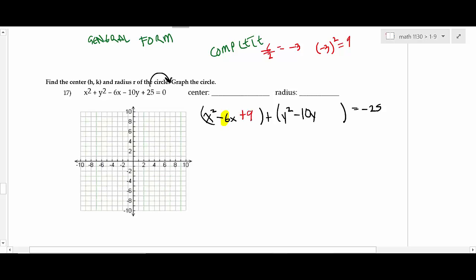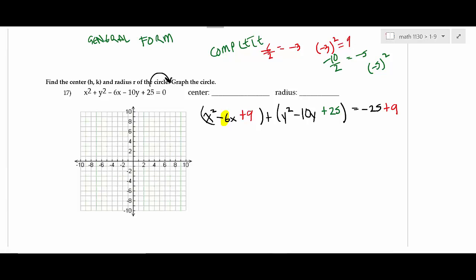Now, I just changed the problem, so how do I keep from changing the problem? I add a 9 on the other side. Then I do the same thing over here. That number right there, negative 10, you do negative 10 over 2 is negative 5. Negative 5 squared is 25. So we have a plus 25 there. I need to do what to the other side?